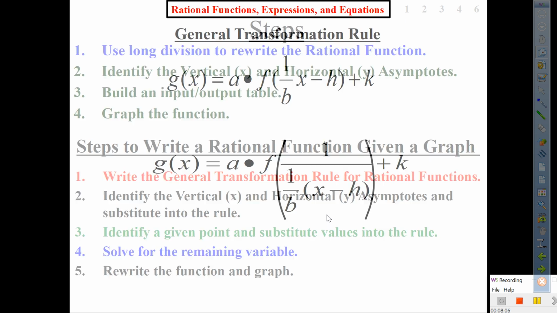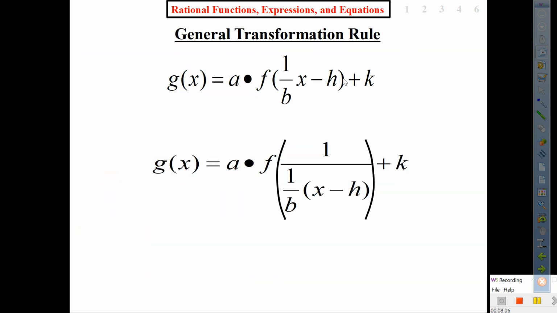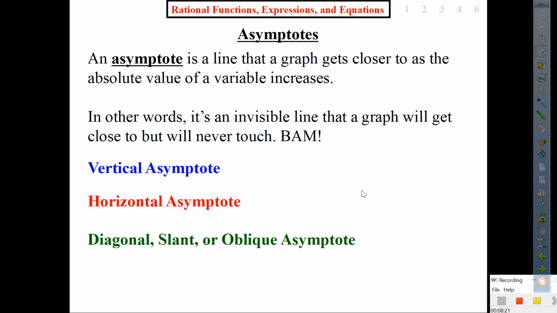So from there we said, this is our general rule, now we are here. And one thing that we notice is that we have 1 over x and something, if that's our h. And what does the h and k stand for? They stand for asymptotes. And what did we say asymptotes were? Invisible lines that our graph does not cross.